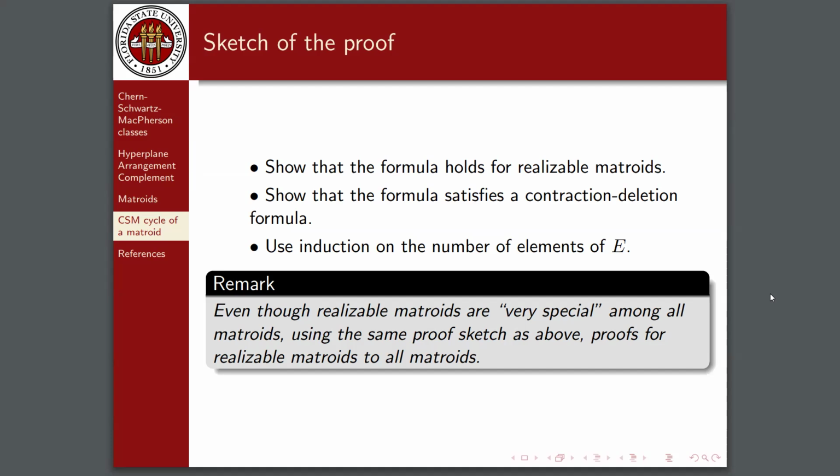And then once you have this, because the original CSM cycle, the one defined as a Minkowski weight, also satisfies contraction-deletion relations, we just need to do induction on the number of elements of the underlying set.